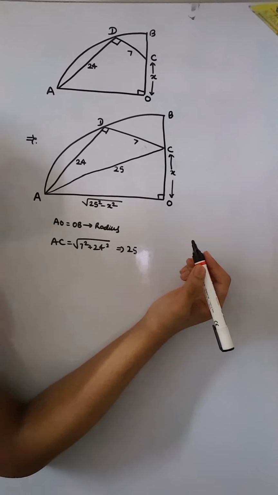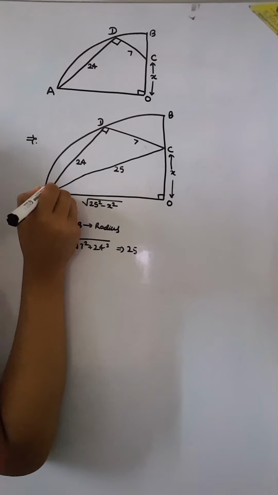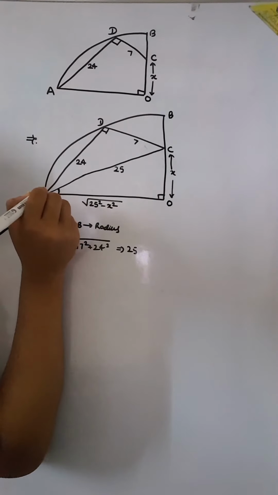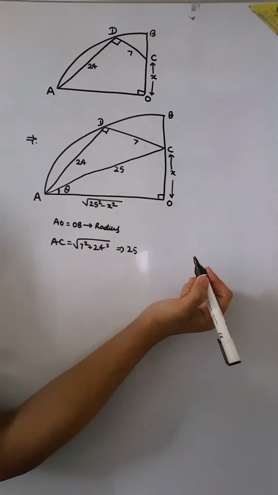So this is a triangle obviously, and let us assume that this angle here, this one, is theta.